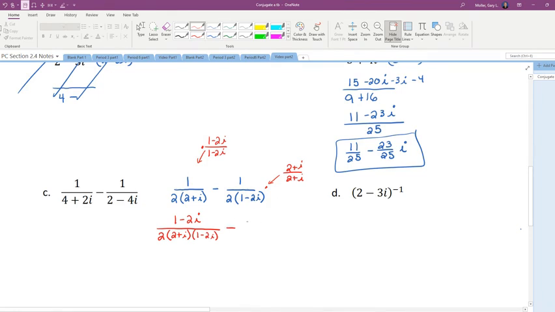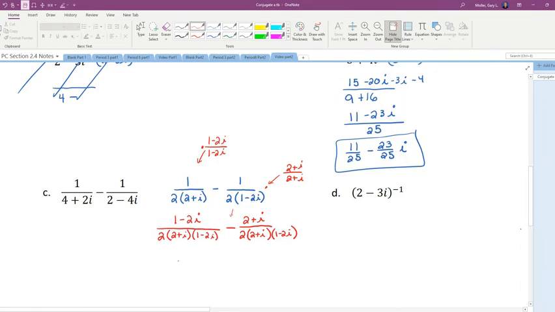He'll have a 2 plus i on top. On the bottom, he'll have exactly the same as the other one, and the 1 minus 2i. So now I have a common denominator, and I can go ahead and subtract them. Be careful, it's a subtract.